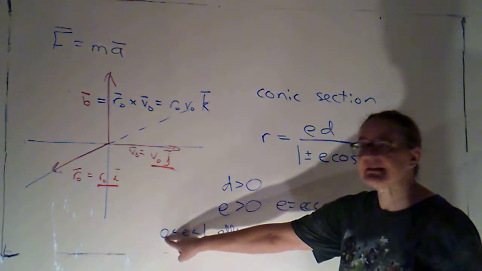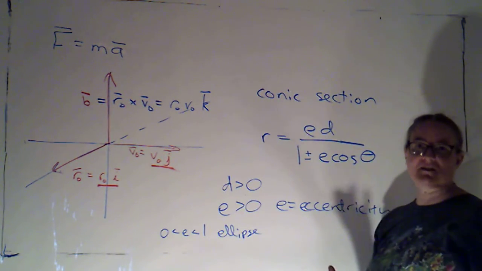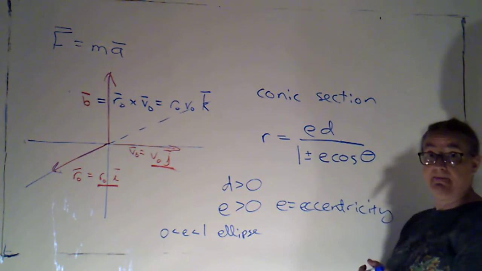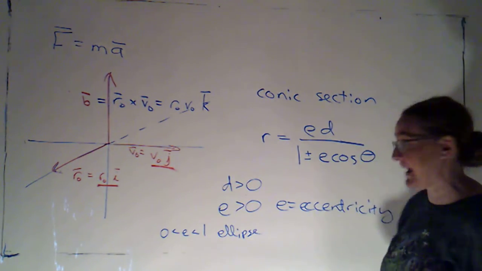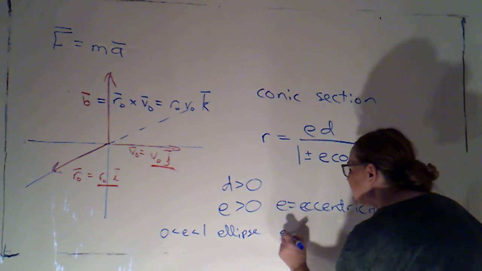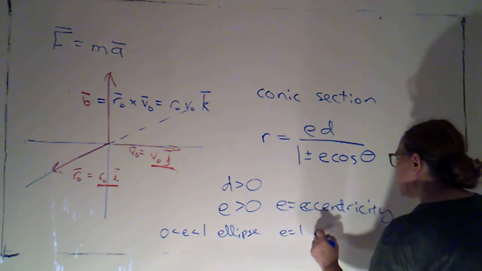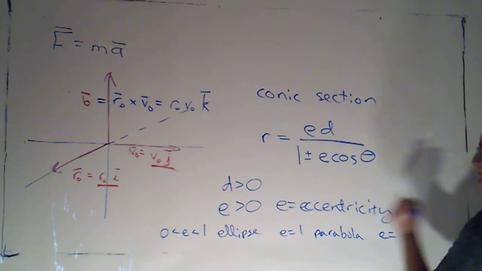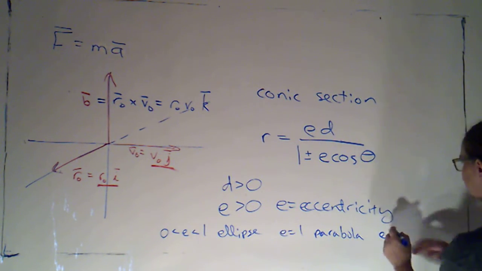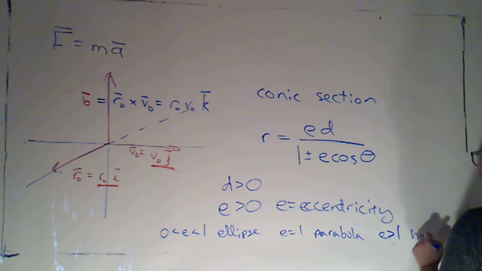If the eccentricity is 0, it's a degenerate ellipse, which is a circle. And we're saying we're not going to get that. I'm not assuming that we're not going to get that. We're just going to see that we don't get that. Okay. If e is equal to 1, we would have a parabola. And if e is greater than 1, we would have a hyperbola.